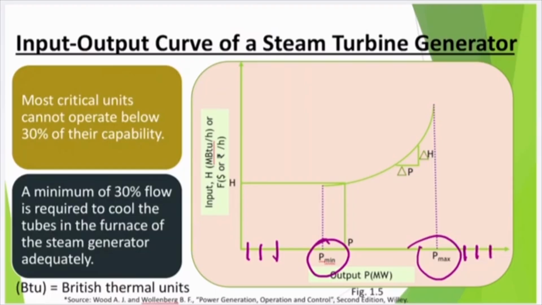And why those limits exist, we'll try to understand when we look at the PQ characteristic of the power plant, because for any power plant, the rating is based on the MVA rating or the kVA rating. So what is MVA rating? If you see a transformer or a generator, the ratings are not in megawatt or kilowatt.